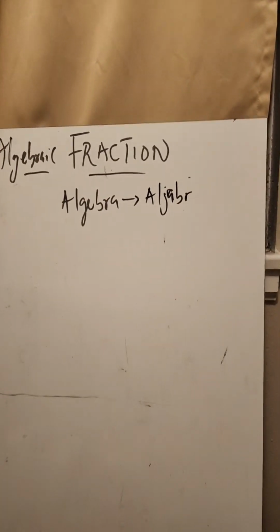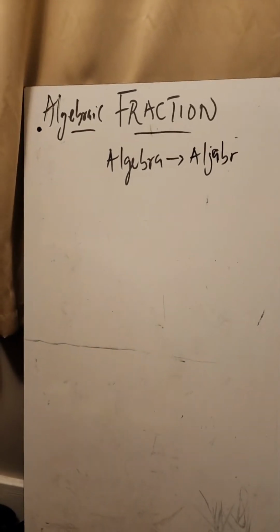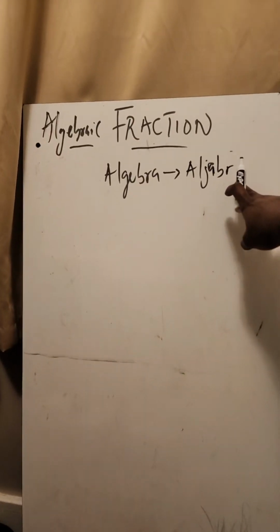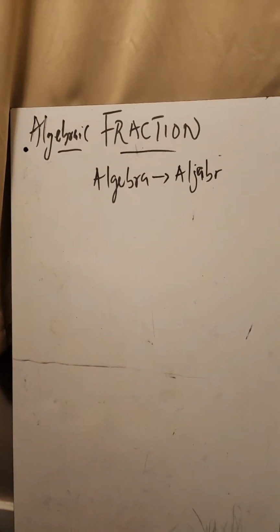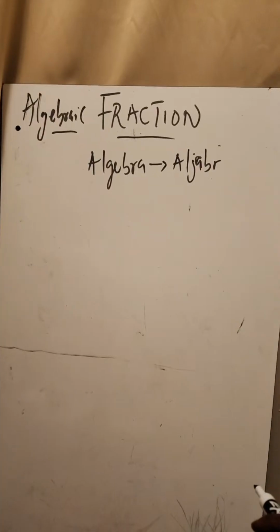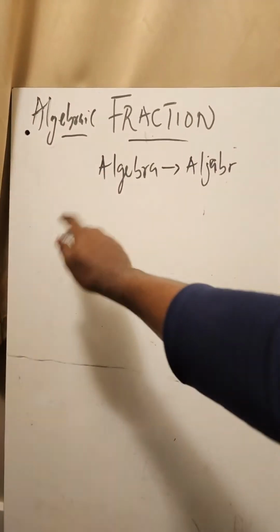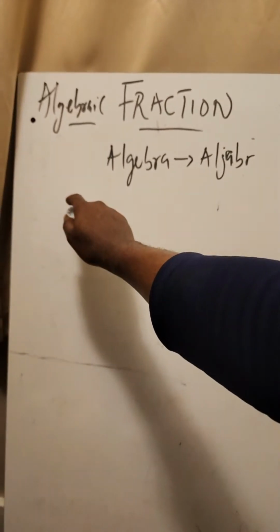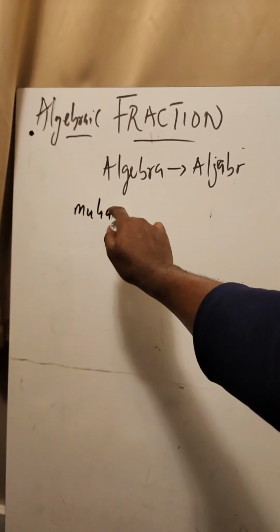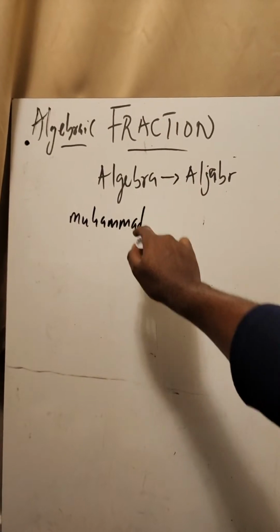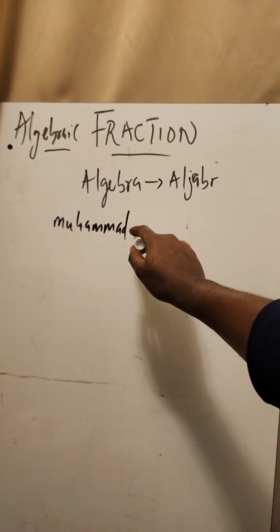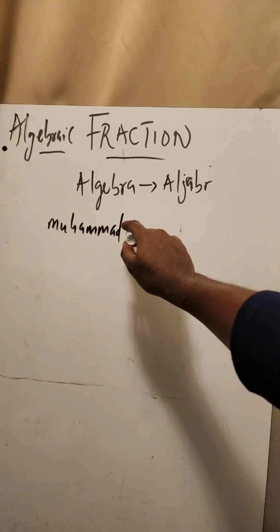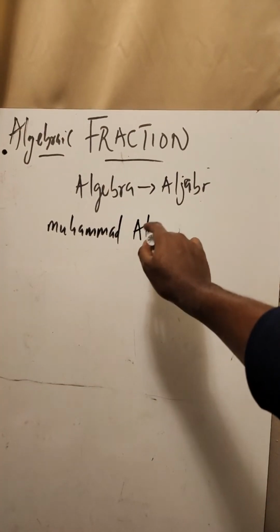So algebra itself is coined from the word algebra, and the founder of algebra, or let me say the professor, is called Muhammad Musa al-Khwarizmi. I'm just taking you through the history.